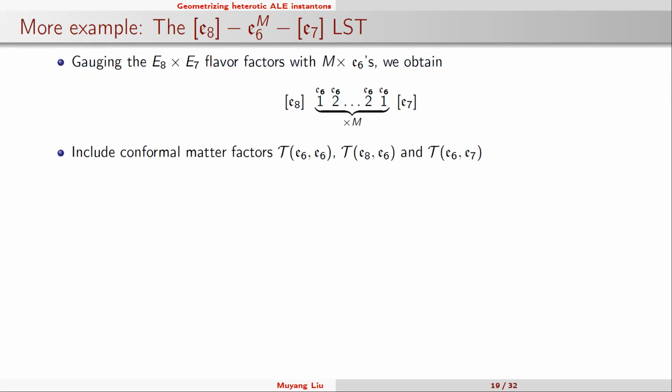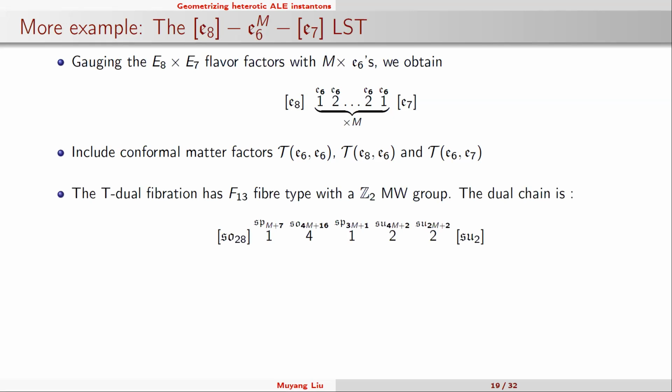So let's see one more example here. Here we gauge the E8 cross E7 flavor factors by probing M copies of E7, E6, and we obtain the following quiver. And you can include conformal matter factors inside each, say E8, E6, and E6, E6, and E6, E7, to give you the full 6D string theory quiver.